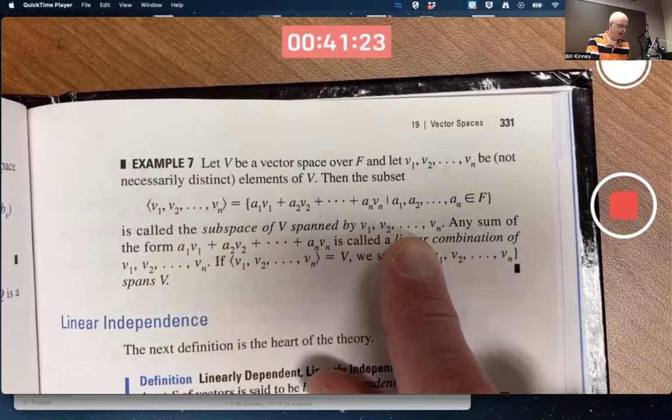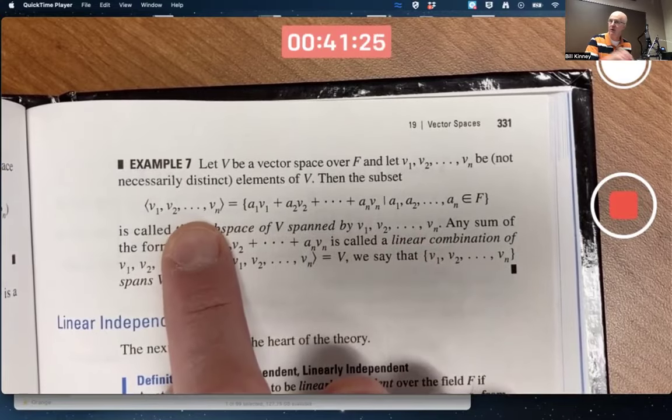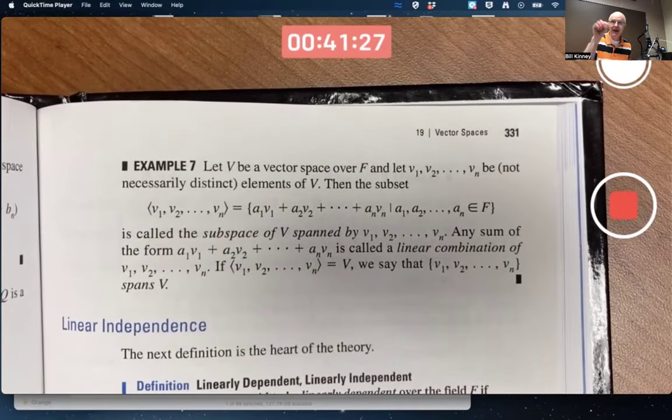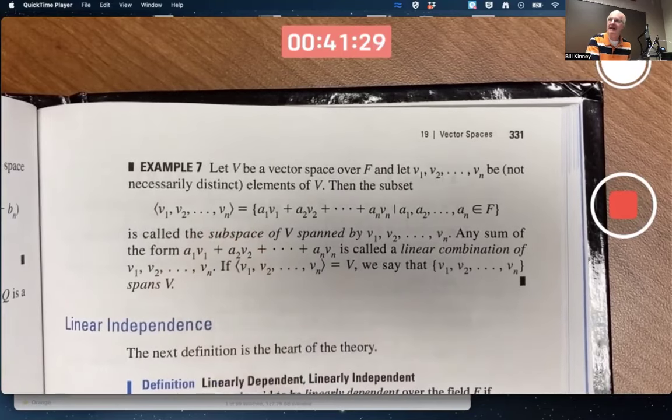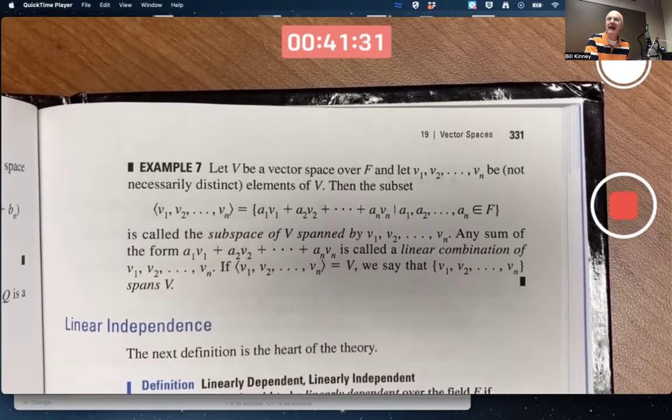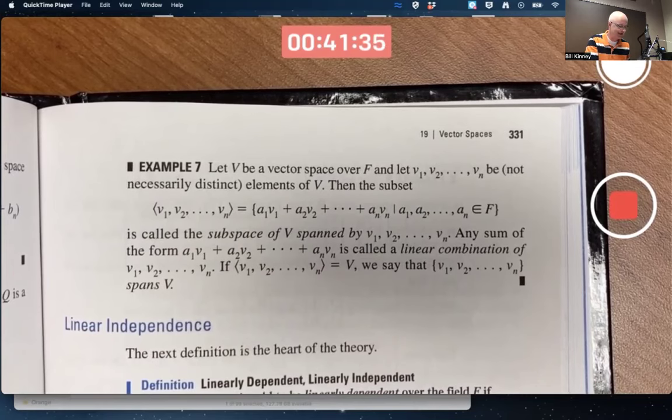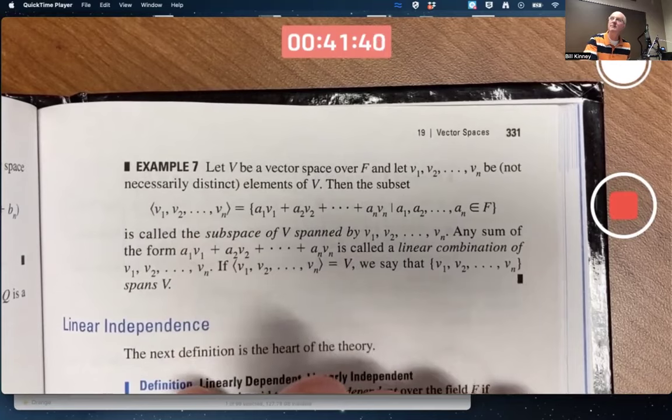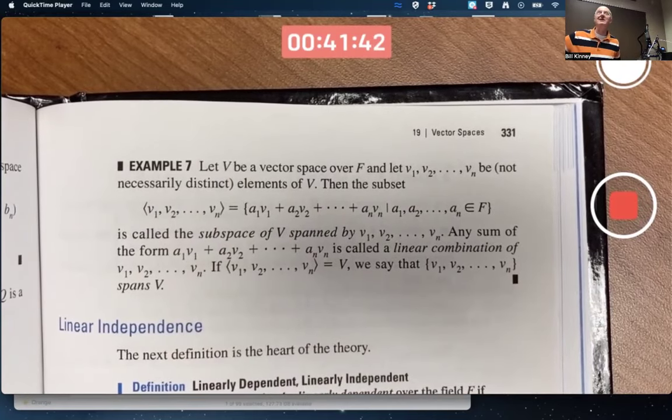And in linear algebra, you use different notation. You use the word span. You remember that? Span V1 through Vn. This is the same idea, except the A's are from an arbitrary field, whatever the field you happen to be thinking about. By the way, V, the vector space, could be a vector space over different fields as well.